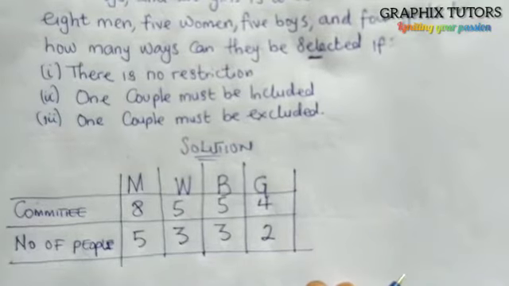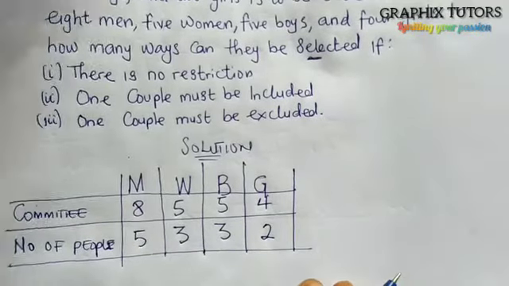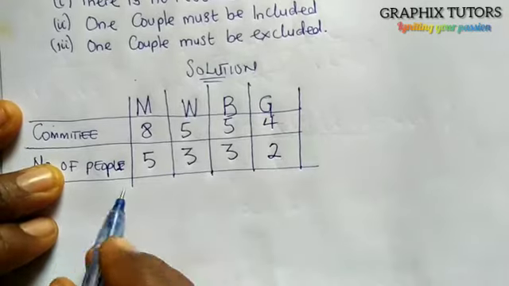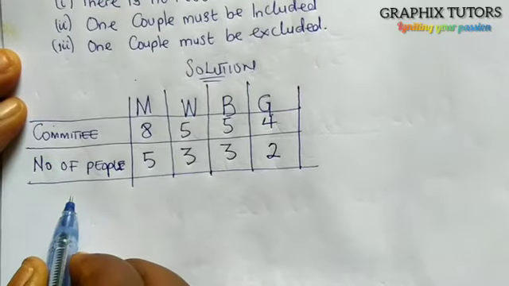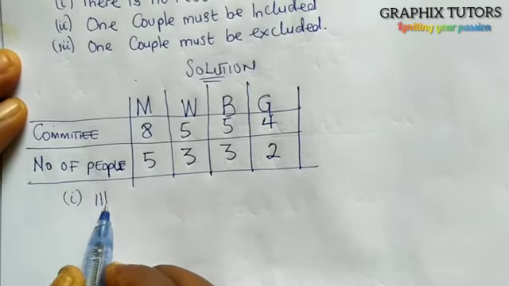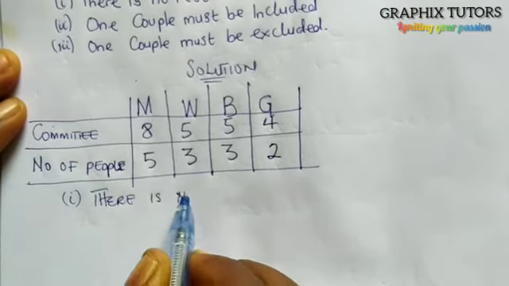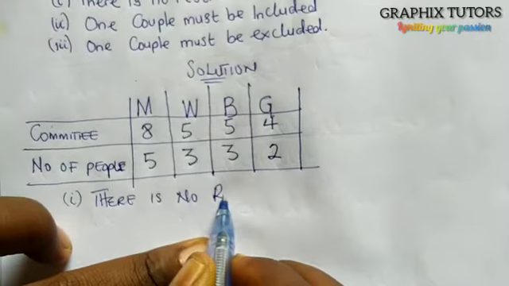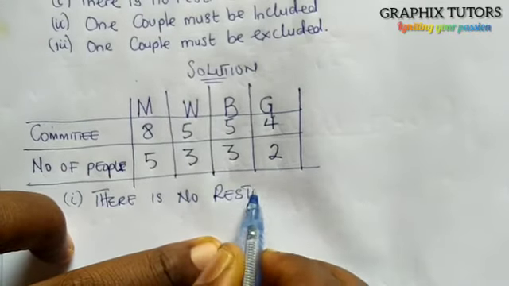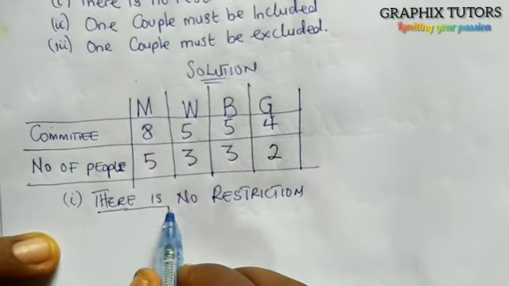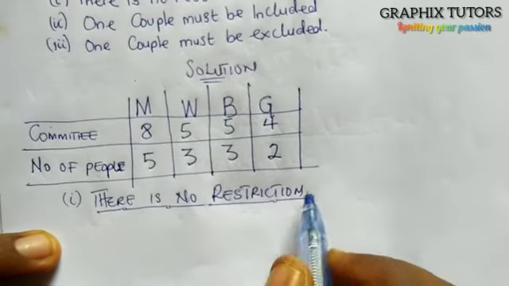So we'll move forward. If they say combination here, we'll say that for Roman figure 1, there is no restriction. There's what? No restriction.